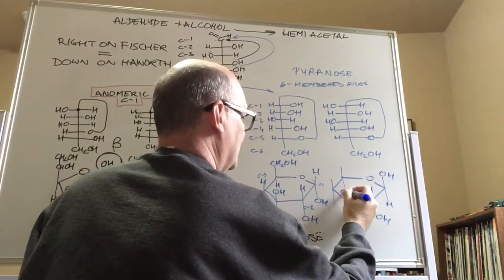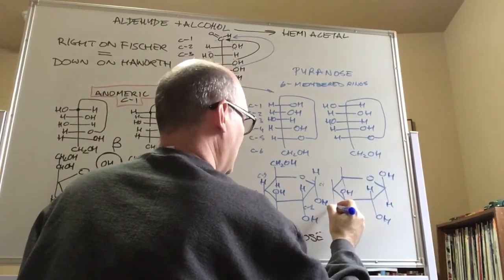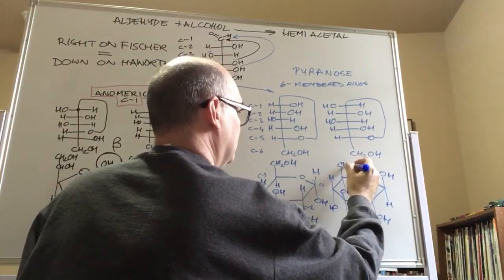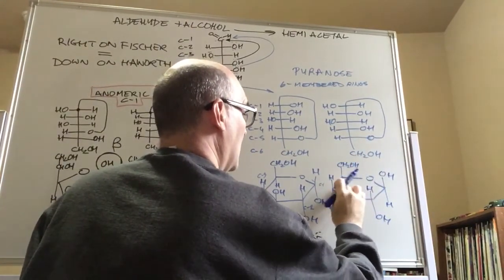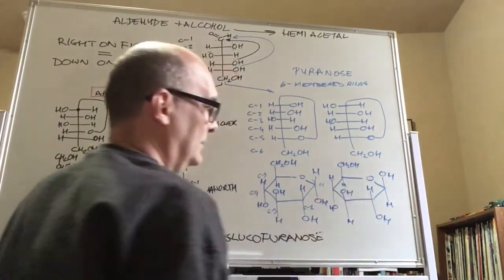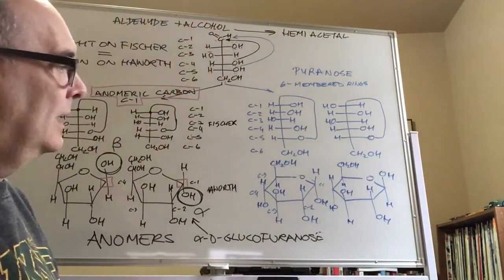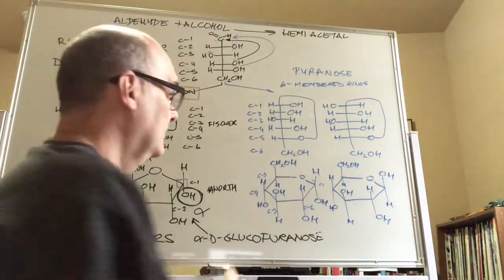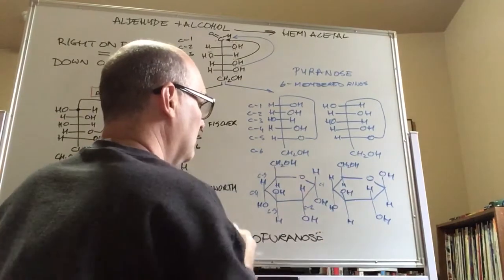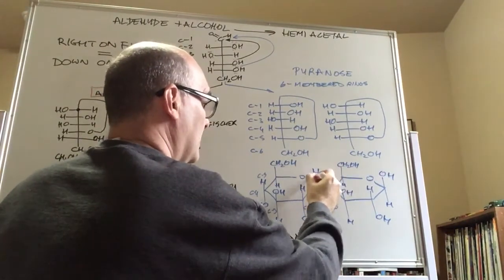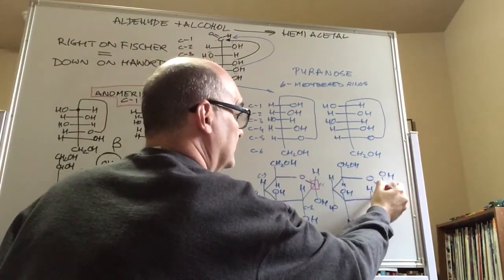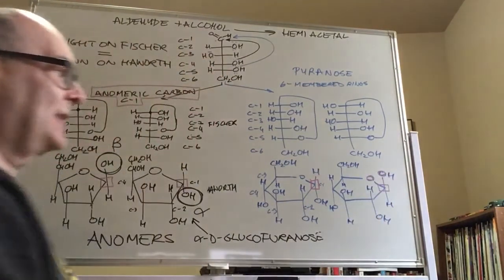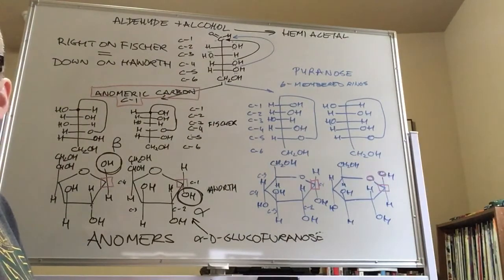These two molecules are going to have everything be the same except what's going on at carbon number 1. Carbon number 1 is my anomeric carbon, because that's the carbon that's bonded to oxygen 2 times.